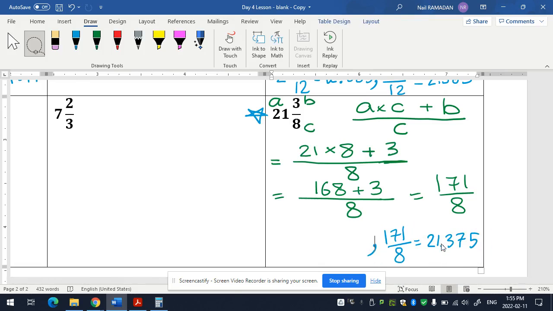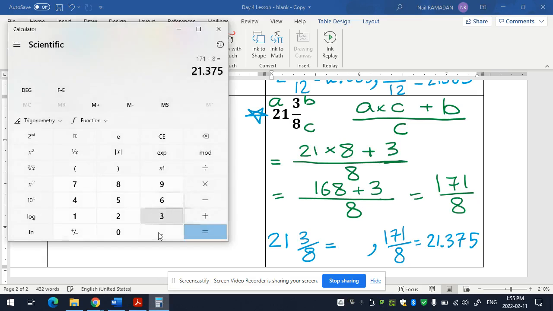And then the next one is 21 and 3/8. Again, look, 21 is 21. At least you know you're on the right track. And if you divide just 3 over 8, you are going to get the decimal .375.